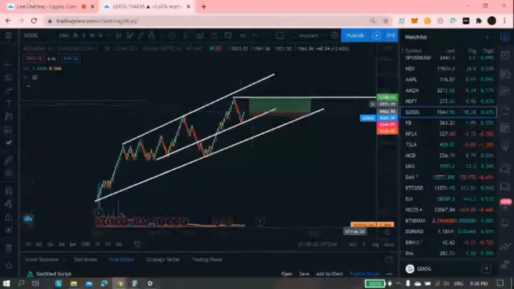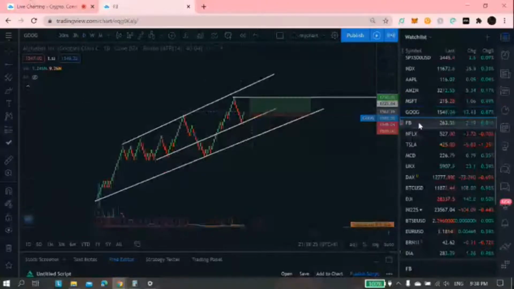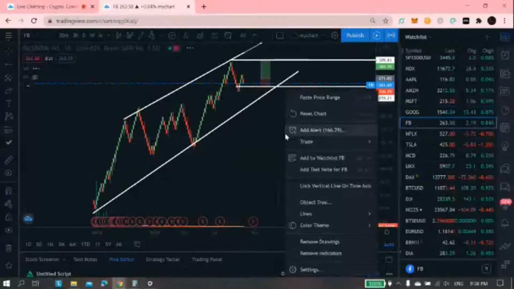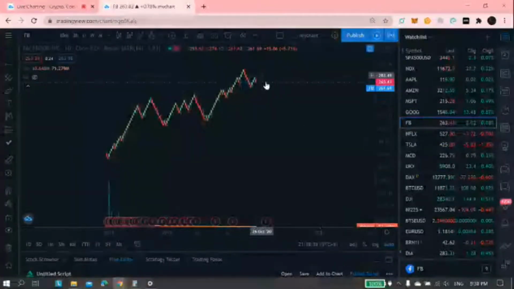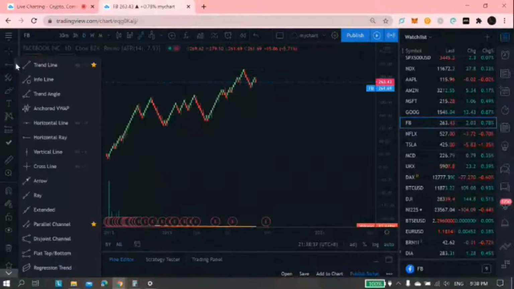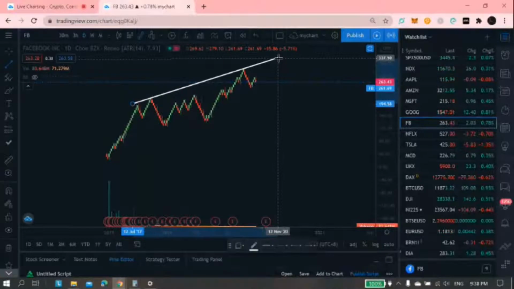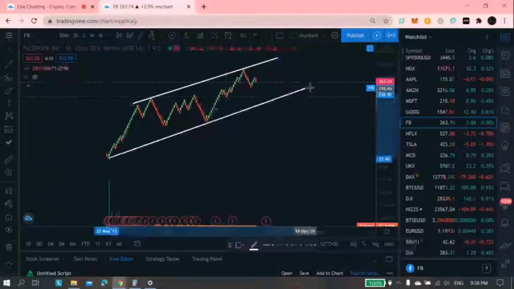So next is Facebook. Currently, Facebook is in a long-term uptrend, but that's actually a confirmed bearish trend.